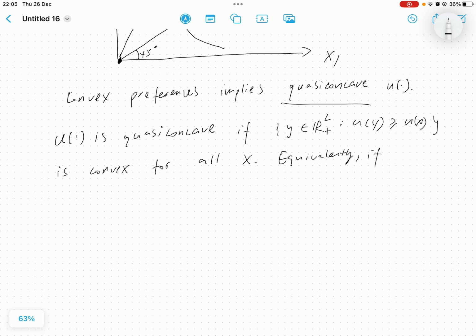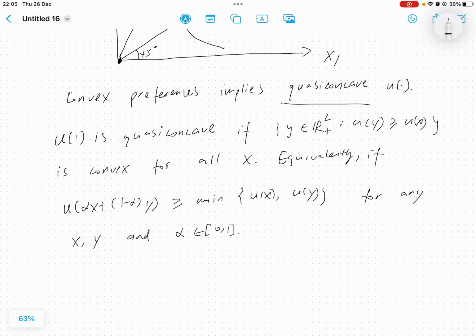Equivalently, u(alpha x plus 1 minus alpha y) is greater than or equal to the minimum of u(x) and u(y) for any x, y and all the alphas between 0 and 1.